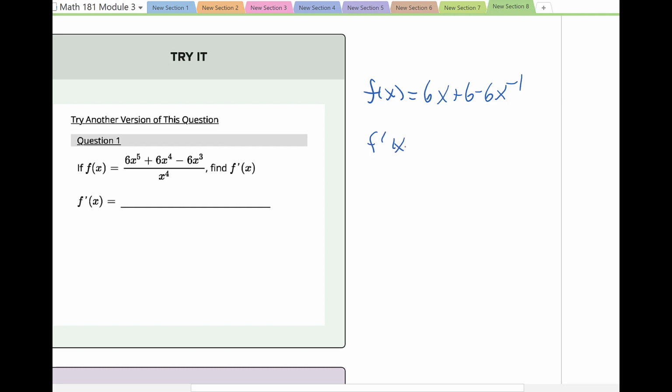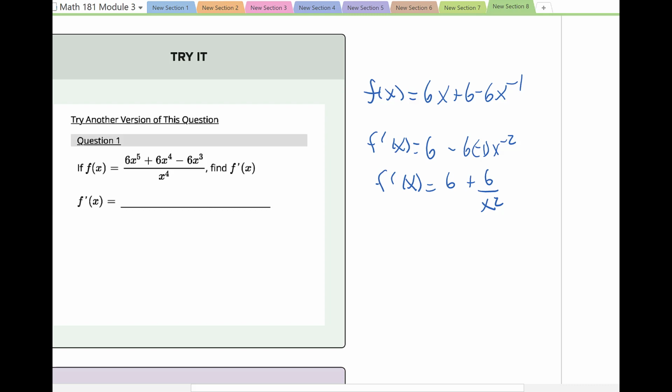So our f prime of x would be 6, and derivative of 6 is 0. So the derivative of minus 6x to the negative 1 would be negative 1 times x to the negative 2. So f prime of x would be 6 plus 6 over x squared.